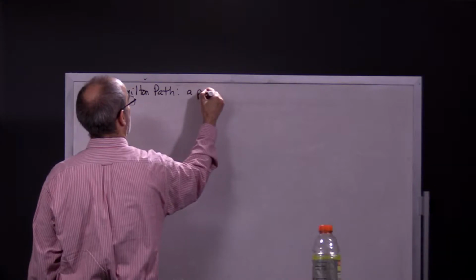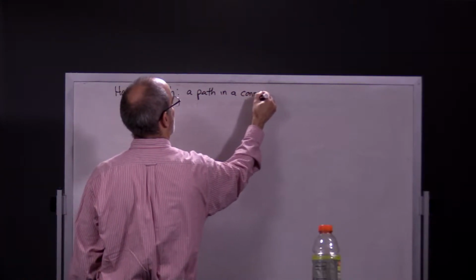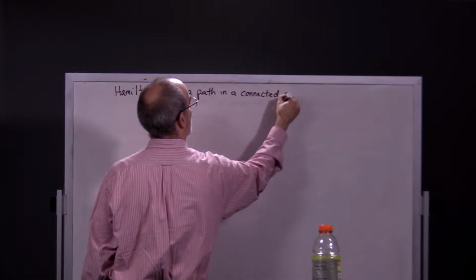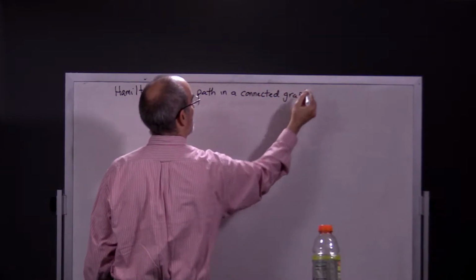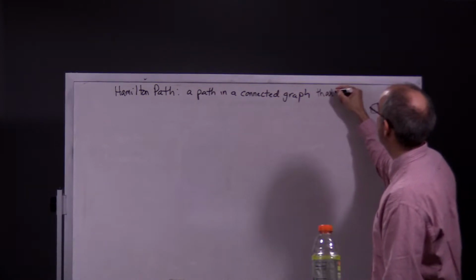A path in a connected graph that visits every vertex once and only once.